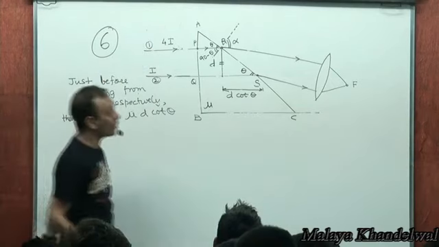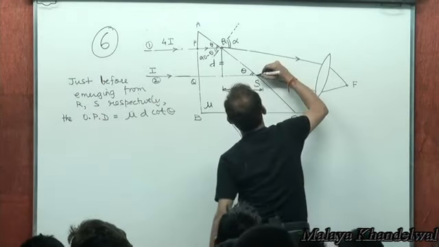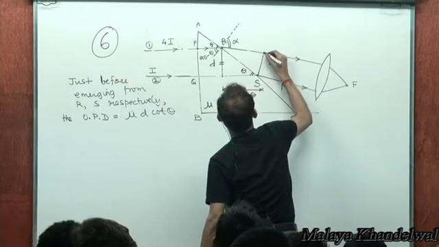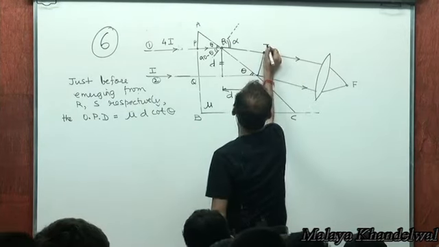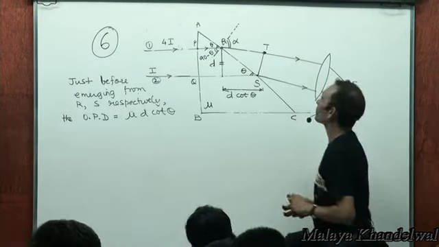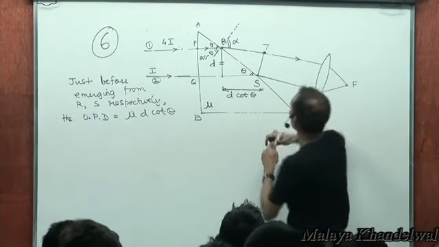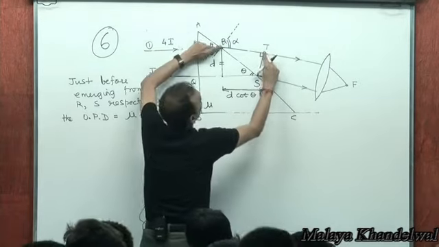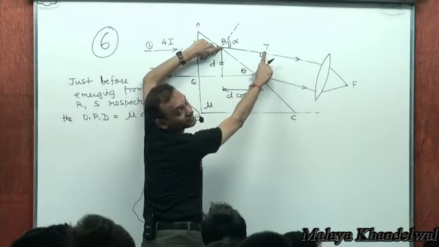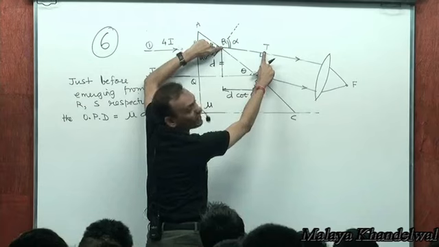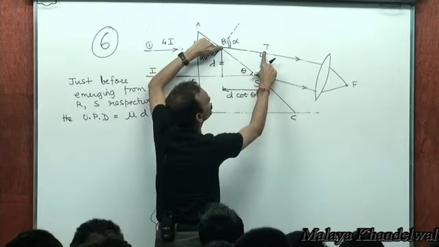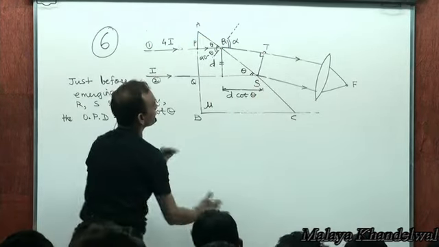Right? Now, on emerging, let's say till this point T. After this point, they would have travelled an equal amount of optical path. But till this point, 1 would have an additional optical path, which would be this length. Now, what would this length be?